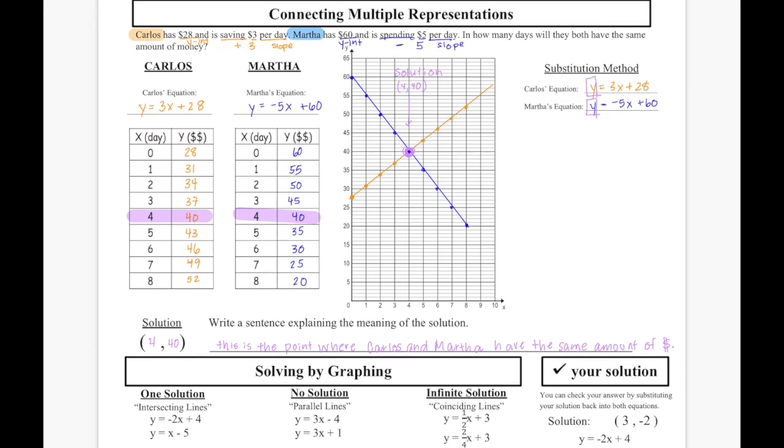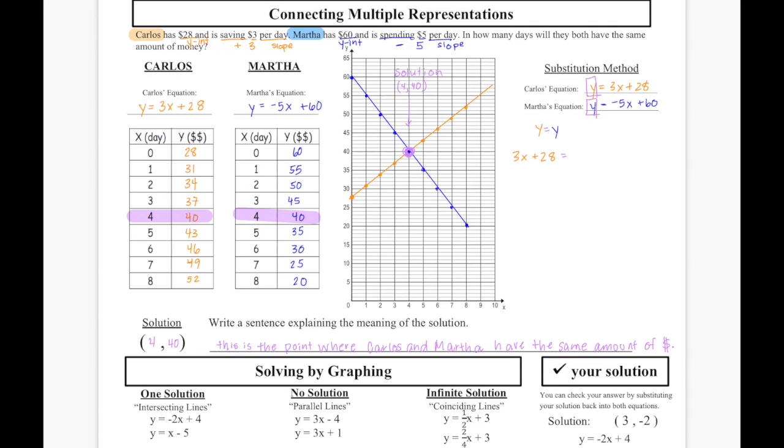So y has to equal y, right? Y is the same letter, it's the same variable. So that means that the things on the other side of the equal signs also have to be equal to each other. So here I'm showing you y equals y, and I can replace this yellow y from Carlos's equation with the other side of the equal sign.